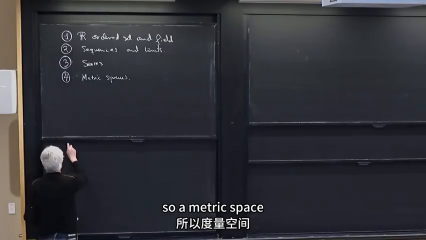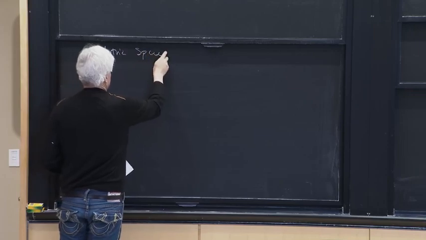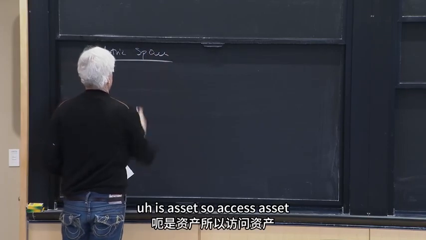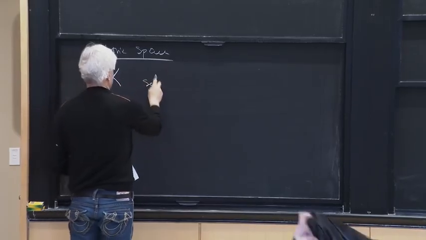So a metric space is a set, so X is a set.